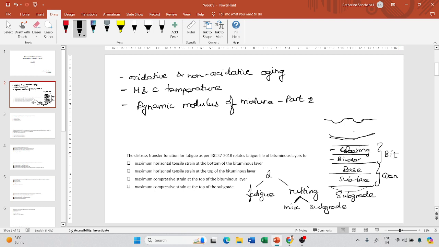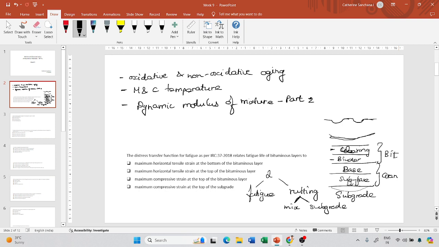Okay, so in order to prevent this rutting, or in order to take care of this rutting, they said that you have to limit the vertical strains on the top of the subgrade, because it is assumed that the subgrade is the contributing factor for this rutting, while considering that the bituminous mixture does not contribute to rutting.